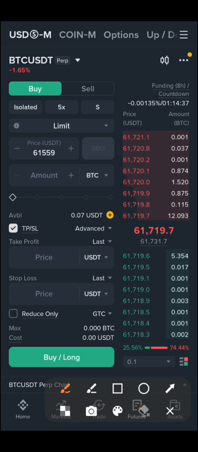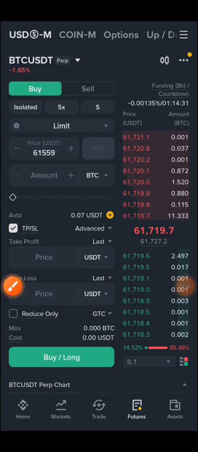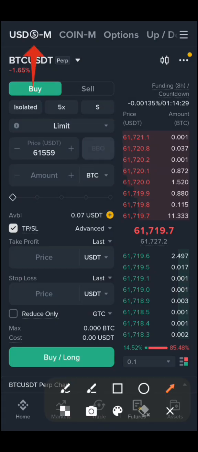Once you open your futures page on Binance, you're going to take a look. There is something like USD-M right here, and then we have Coin-M again right there.